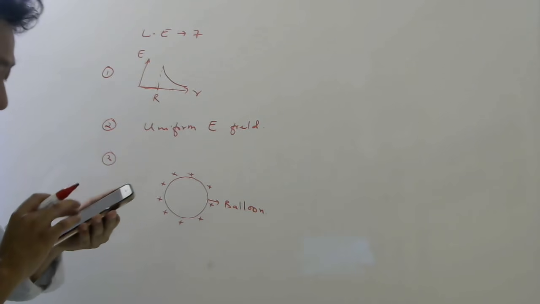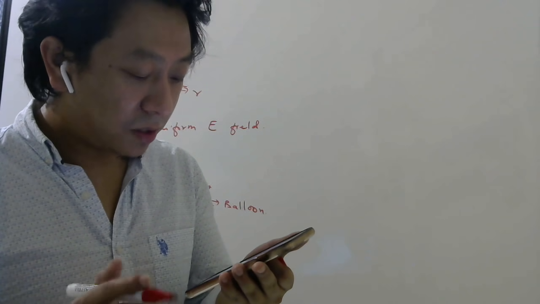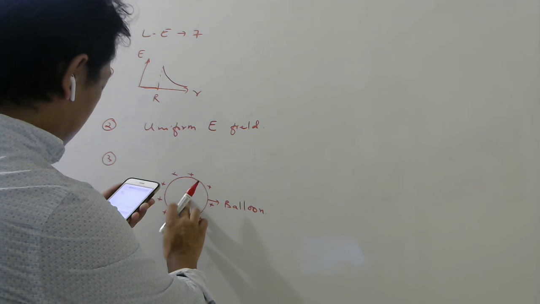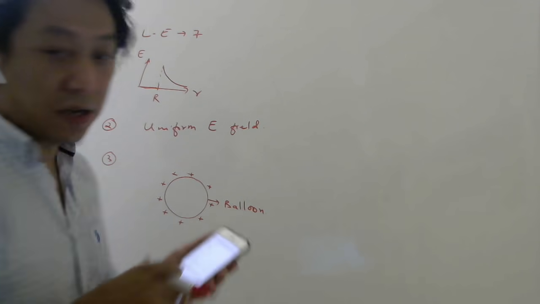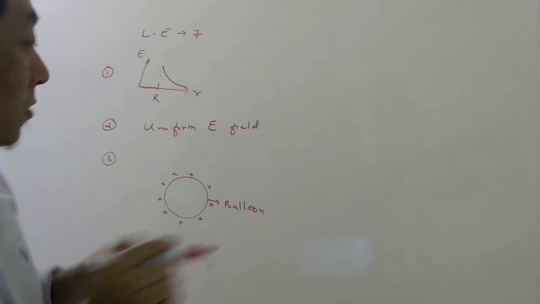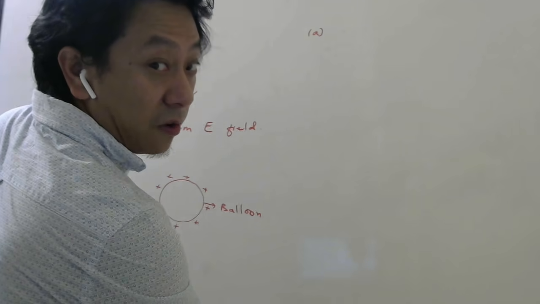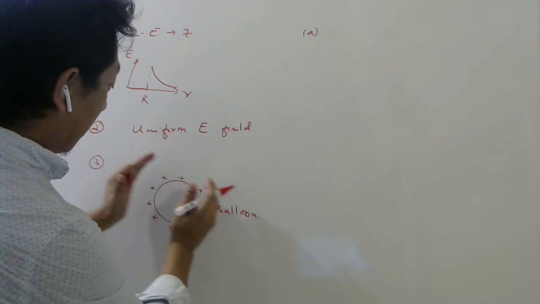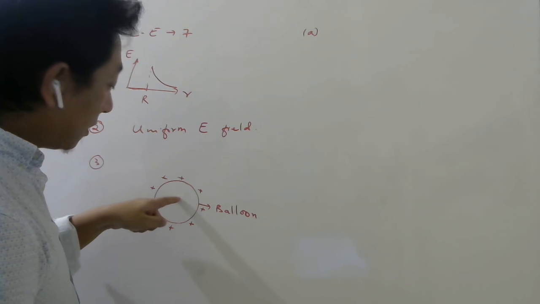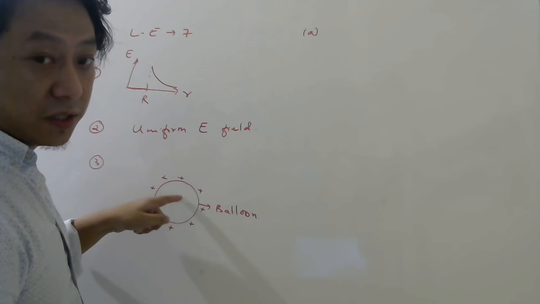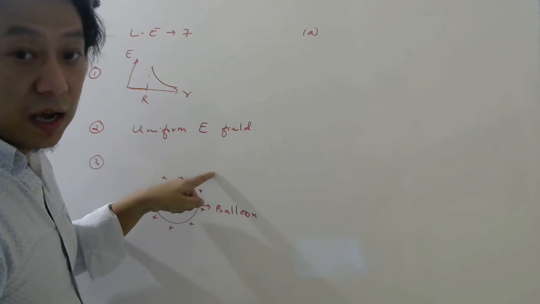How does the electric field vary for points which are inside the balloon, for points on the surface of the balloon, and for points outside the balloon? They are asking what will be the electric field inside, how it will change, the electric field on the surface, and the electric field outside.